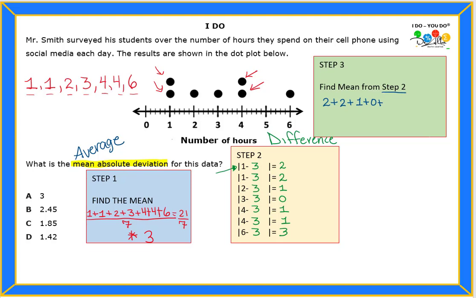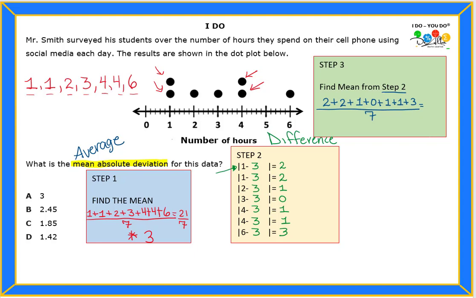I understand it has no value, but I've noticed students make the mistake that if they don't write down the 0 and then they count the data, they might not count the 0 as part of one of the data numbers, right? So that's the reason why I like writing down even the zeros. And now I'm going to divide this by, well, it has 1, 2, 3, 4, 5, 6, and 7.